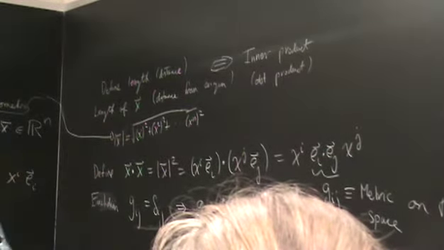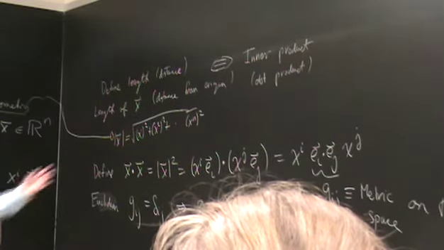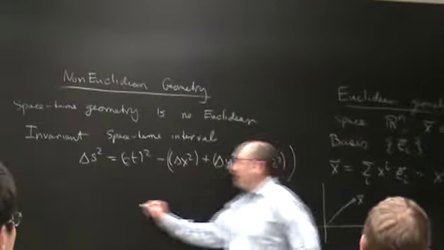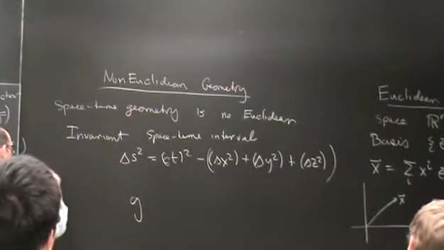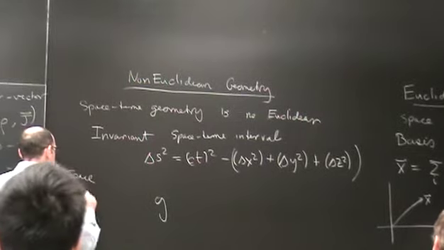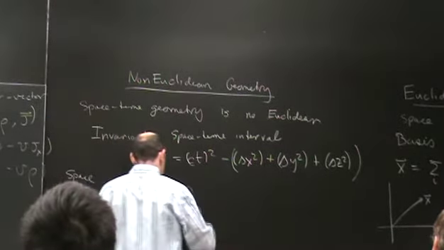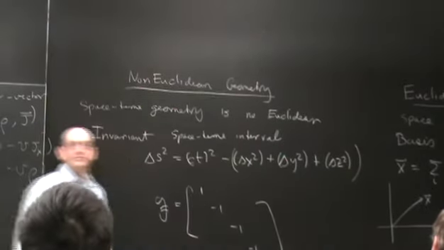But if our notion of distance has a metric which is not the identity, in this case we see the metric in our space-time, the way that we define distance here, the metric is 1, minus 1, minus 1, minus 1.